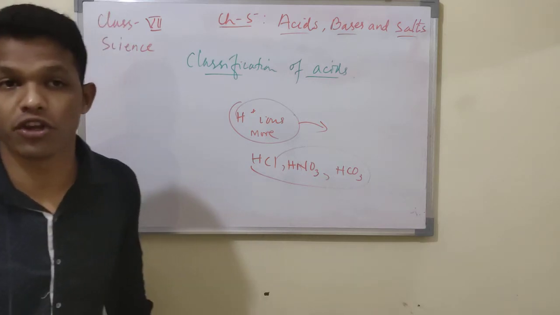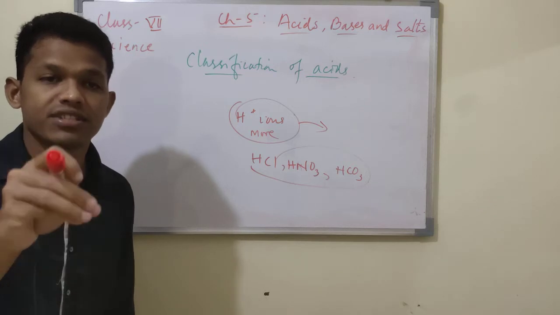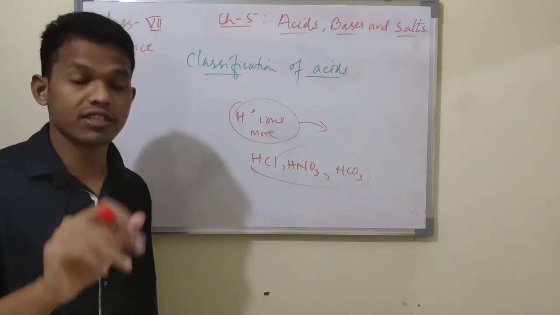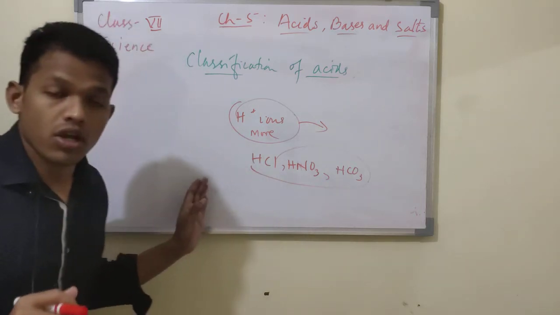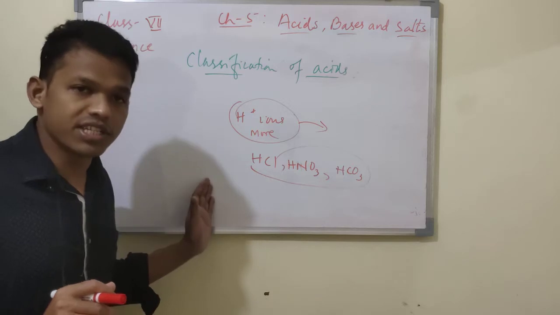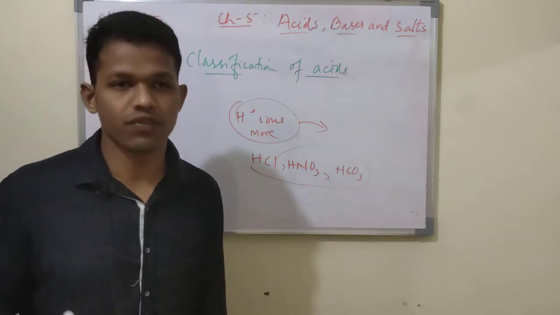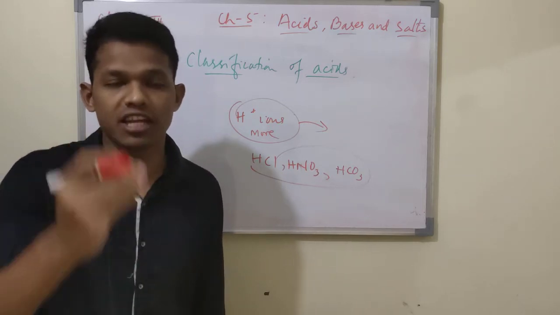We will study in the properties of acid how we add water to acid or acid to water. Got it now? So dilute acid means the percentage of water is more than the percentage of acid. Therefore that is a dilute acid.